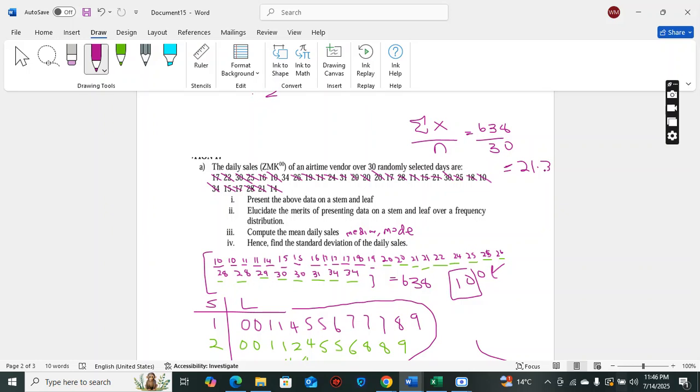Okay, so 21.3. So that's the average daily sale, 21.3.